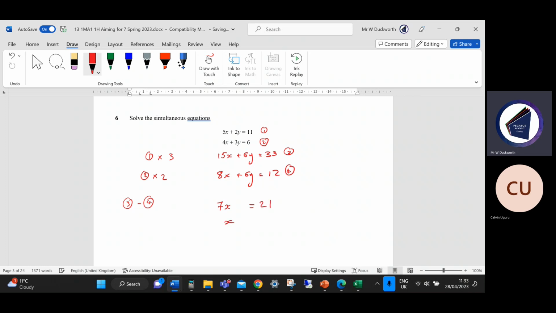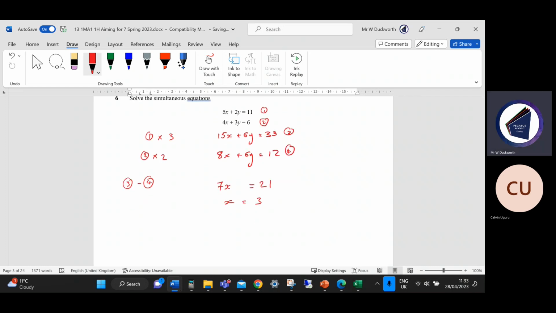So x must be equal to 3. I'm going to substitute that value into one of my initial equations. I am going to choose to substitute it into equation 1. No major reason why. So 4 lots of x is going to be 12 plus 3y is going to be equal to 6. So 3y would be equal to minus 6. So y would be equal to minus 2.